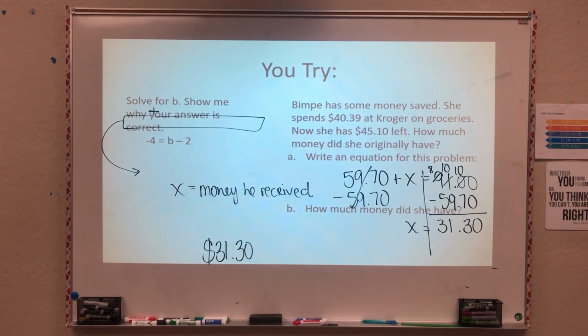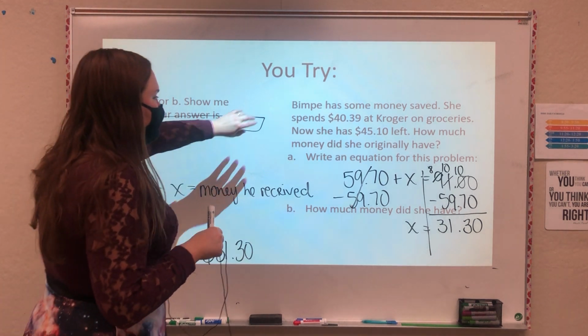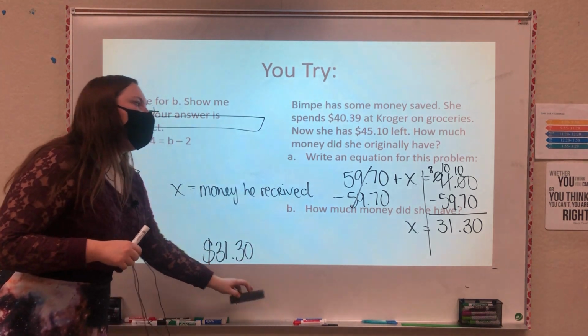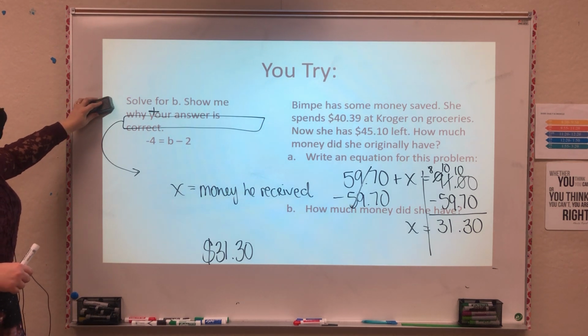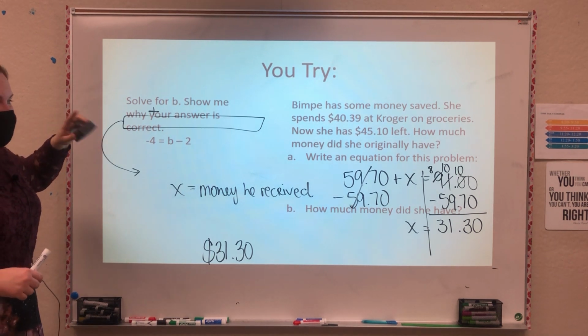So now that we've done that example, I'm going to have you try this one about Venmo pay. Did you finish writing this down? Can I erase it? No? There's this part. Just that part, okay.